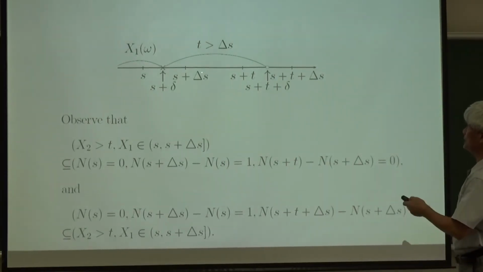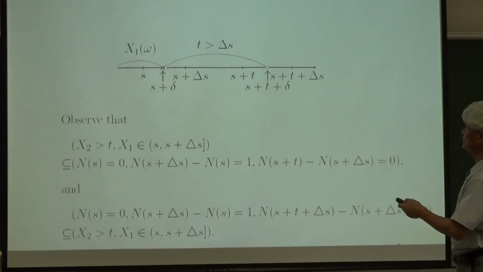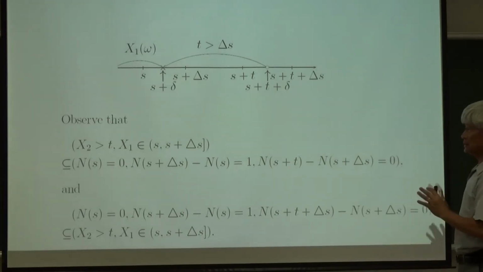Why? Because S2 is greater than T, so for the second arrival, from here S plus delta, go to S plus T plus delta here. In this interval, there is no arrival, right?